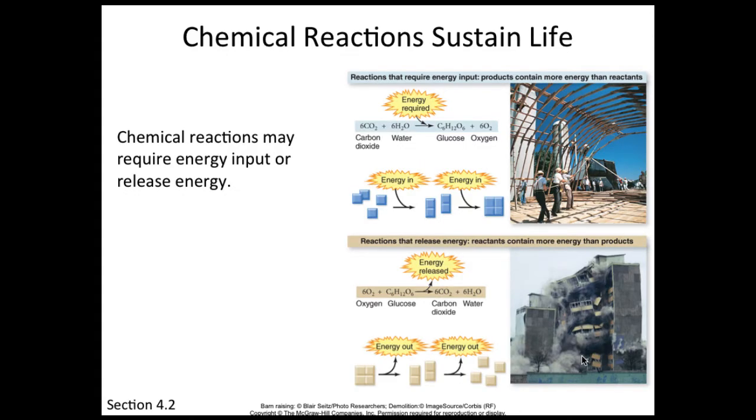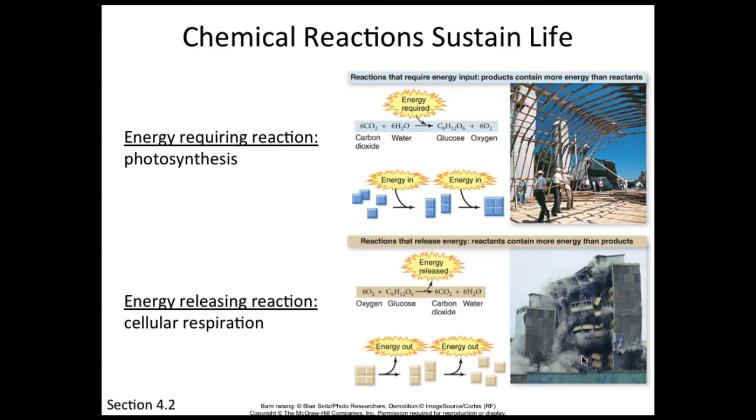Chemical reactions may require energy input or release energy depending upon the type of reaction. An energy requiring reaction is photosynthesis, and that's illustrated in the figure on your screen.